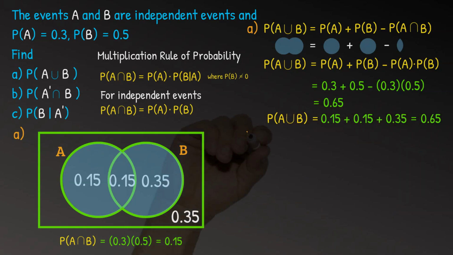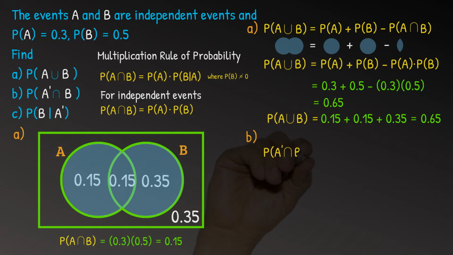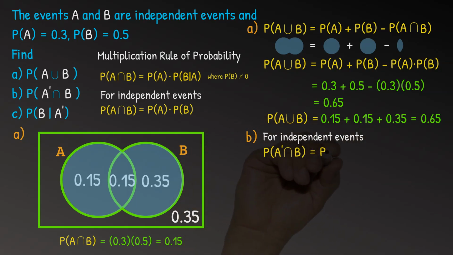Next, we want to find out the probability of A complement intersect B. Well, for independent events, that's equal to the probability of A complement times by the probability of B. Now we know the probability of A complement is 0.7, and we can get that value in two ways. We can either add up all the values outside of circle A in the Venn diagram, or we can subtract 0.3 from 1, as we know that the probability of A plus the probability of A complement must equal 1.